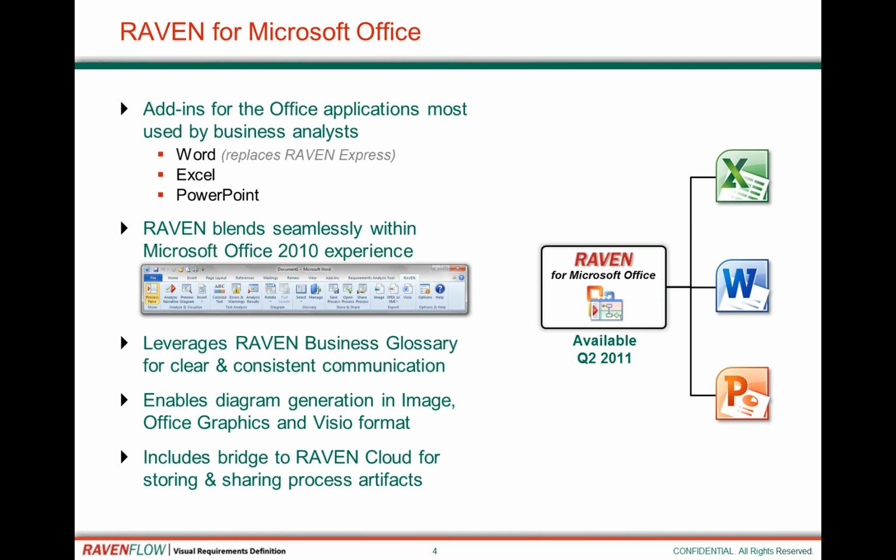So if you have a colleague that uses Visio but you don't yourself, you could author a use case in Raven for Word or Excel, for example, generate a diagram, and then basically send it off to them via email in Visio format, right? So this gives you, again, an ability to be a process contributor where the processes are stored in Visio format, and you don't have to have Visio yourself.